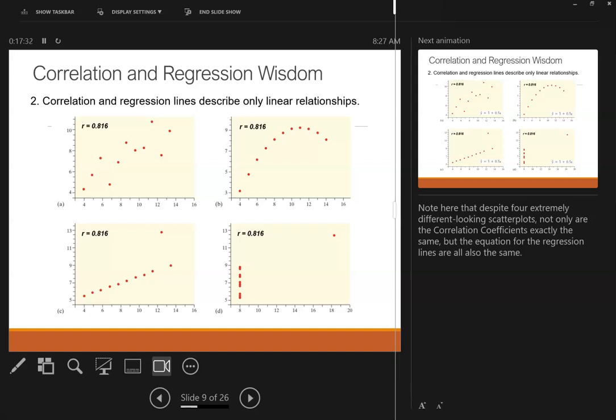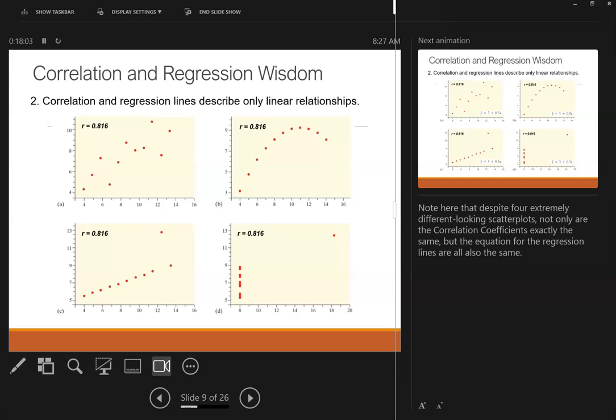So again, the R value is not your end-all be-all for linear relationship. You can fool your R value with outliers really easily. And things that are clearly not linear can still give you pretty good R values. Does that feel okay? So it's not the end-all be-all statistic for the relationship between these 2 variables.